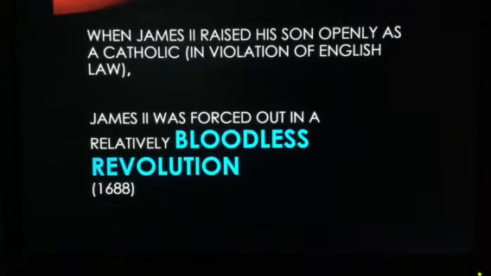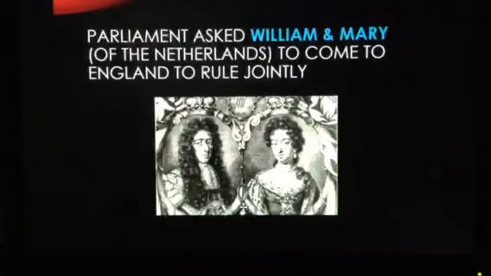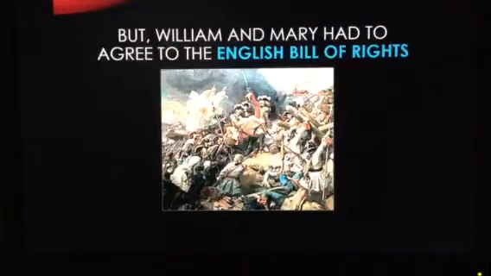This was in 1688. Parliament then asked William and Mary from the Netherlands to come to England to rule jointly. However, there was a catch. William and Mary could not be absolute monarchs. They had to agree to the English Bill of Rights that Parliament had written.